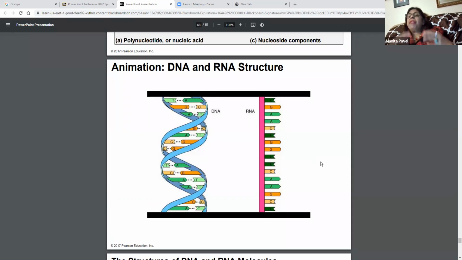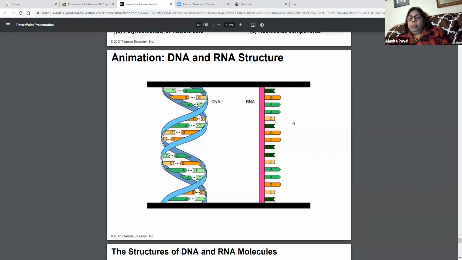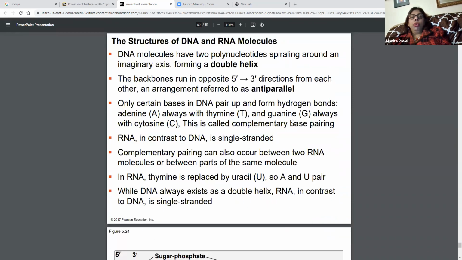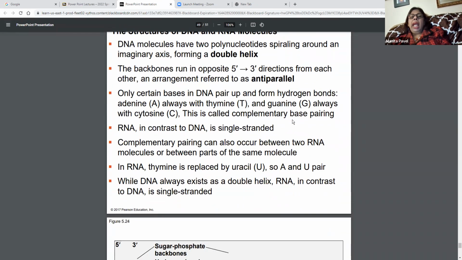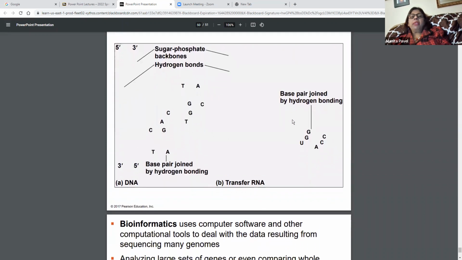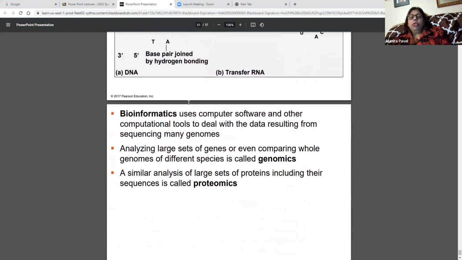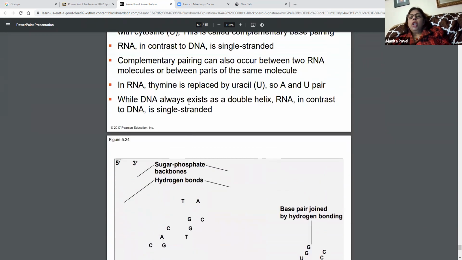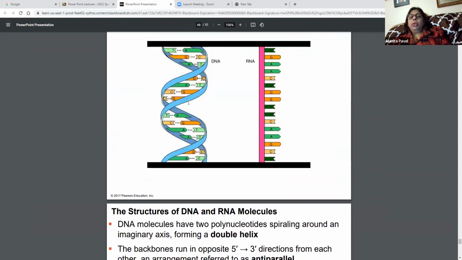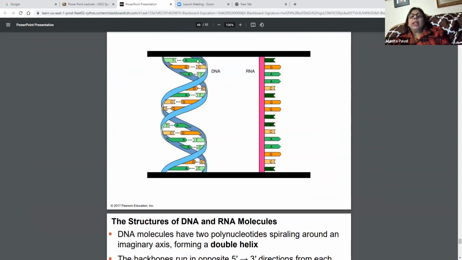Now, you have this base pairing taking place, according to what we call Chargaff's rule. Adenine will always pair with thymine, forming a double bond, and cytosine with guanine, forming a triple bond. So you have this molecule called ATCG.